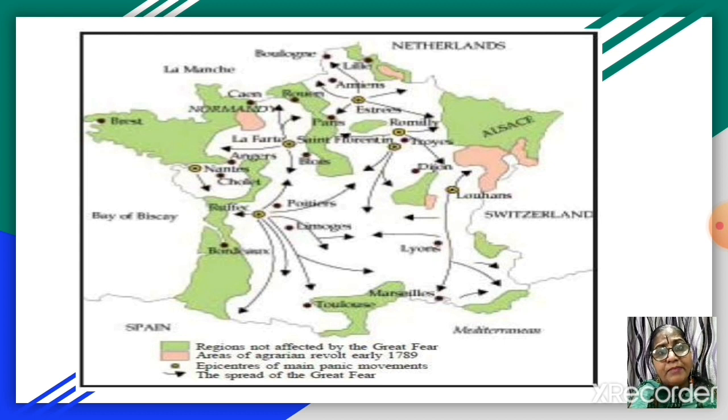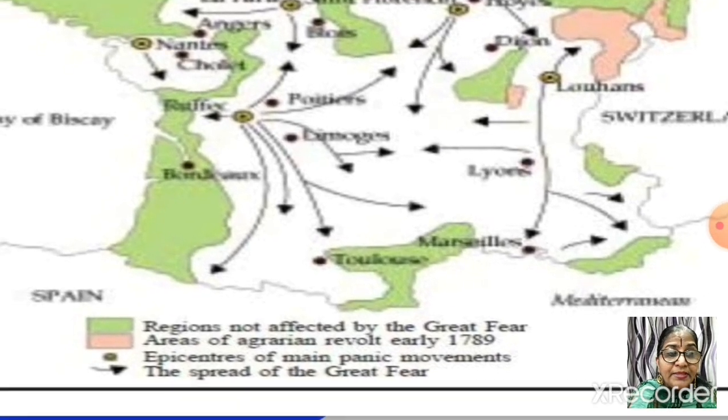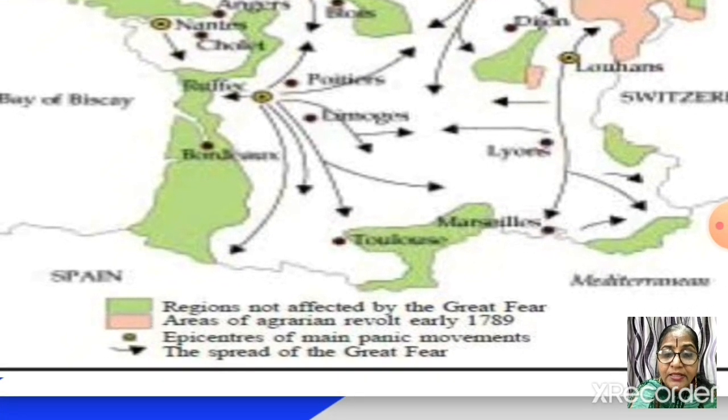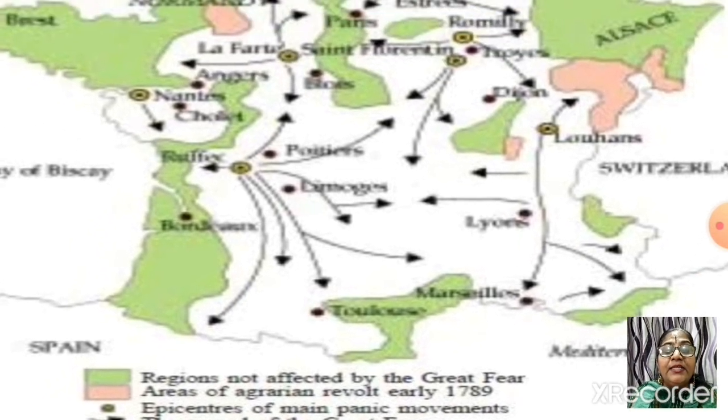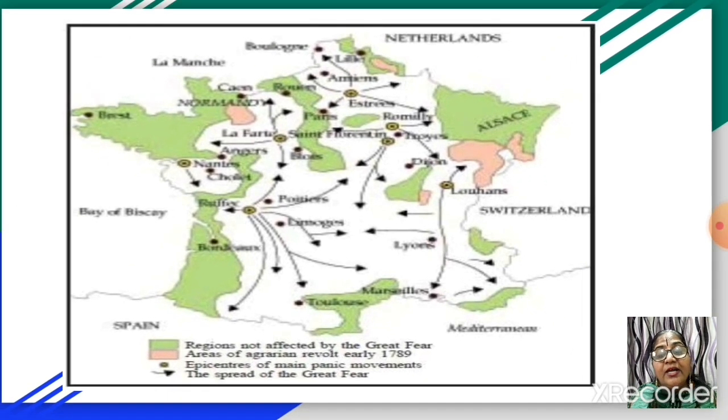Okay, now see this map. See the index of the map. Can you see the index of the map? Yeah, this map is there in your textbook. Now, what does the green shaded area tell us? This green shaded area in the map shows us the regions that are not affected by the Great Fear. Not affected, I'm telling you. Now see the pink shaded area.